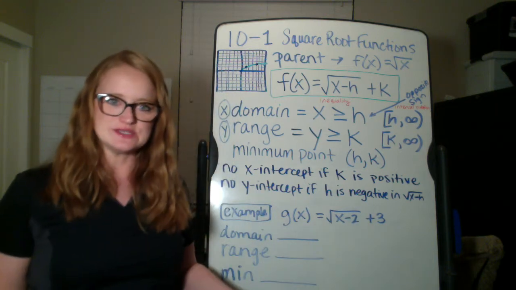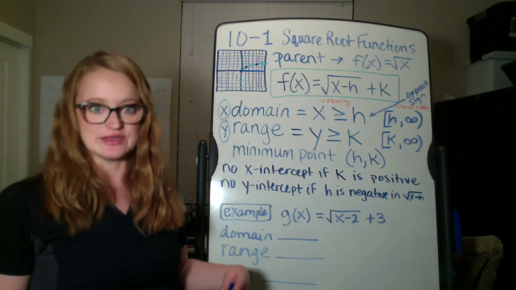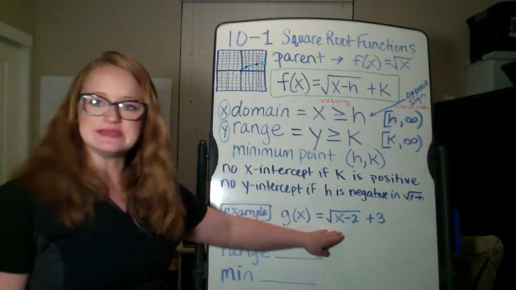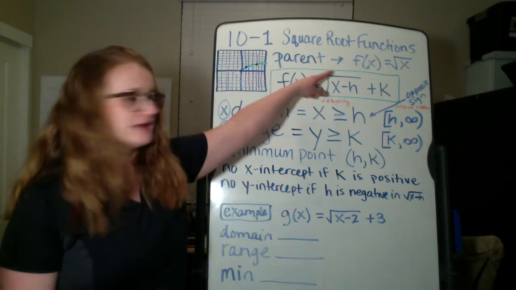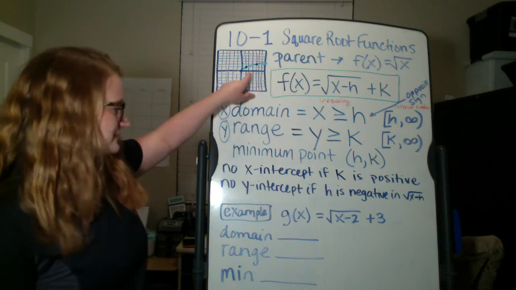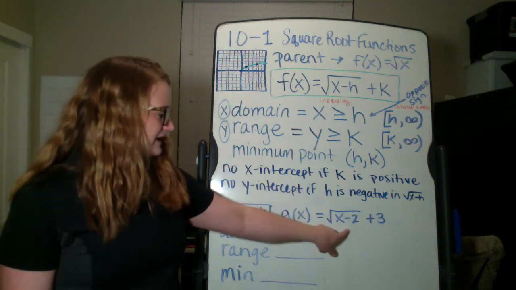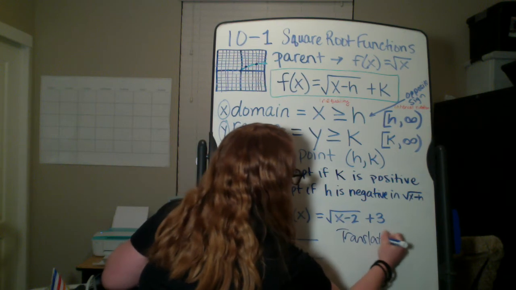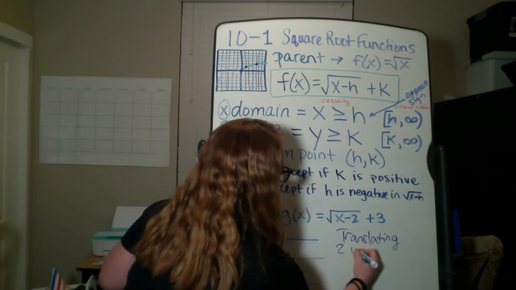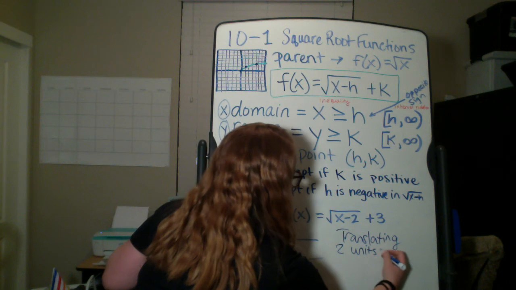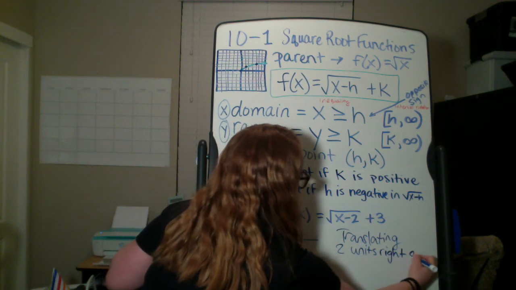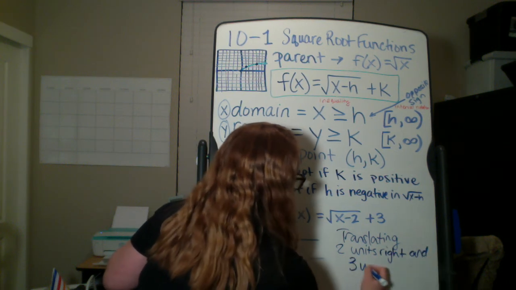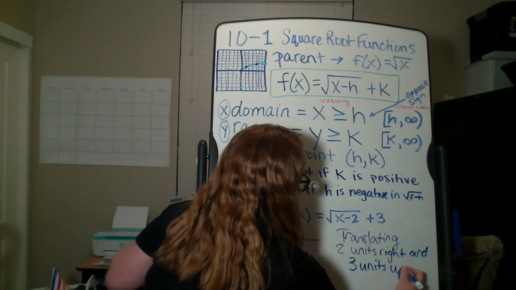What this is telling us, we can know from these h and k values that if we're comparing this graph to the parent graph, which is graphed right here, this graph is actually translating 2 units to the right and 3 units up.